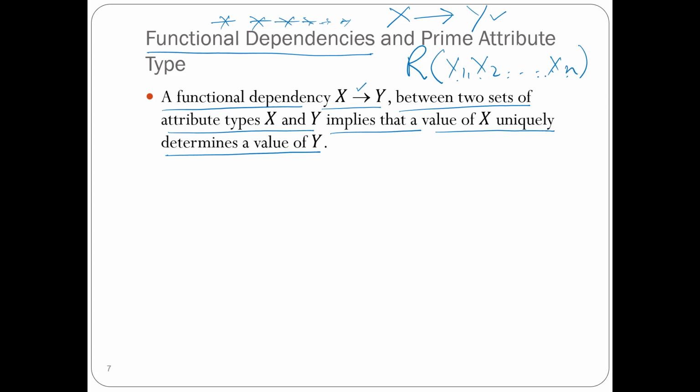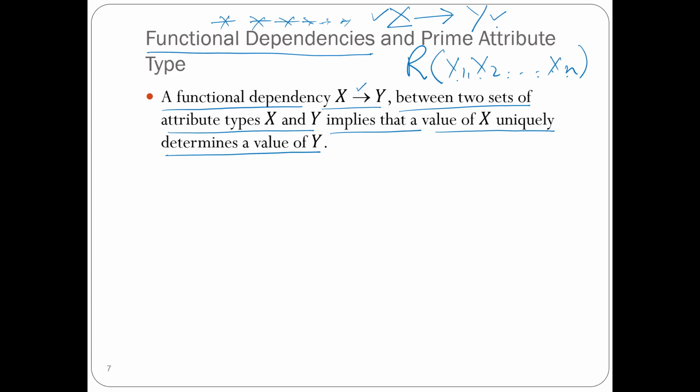These are n attribute types for a relation R. Now from these n attribute types of the relation R, you can pick a subset, you call that X, and another subset, you call that Y. Then we can evaluate whether we have a functional dependency between X and Y, that is, whether the attribute types in X functionally determine the attribute types in Y.